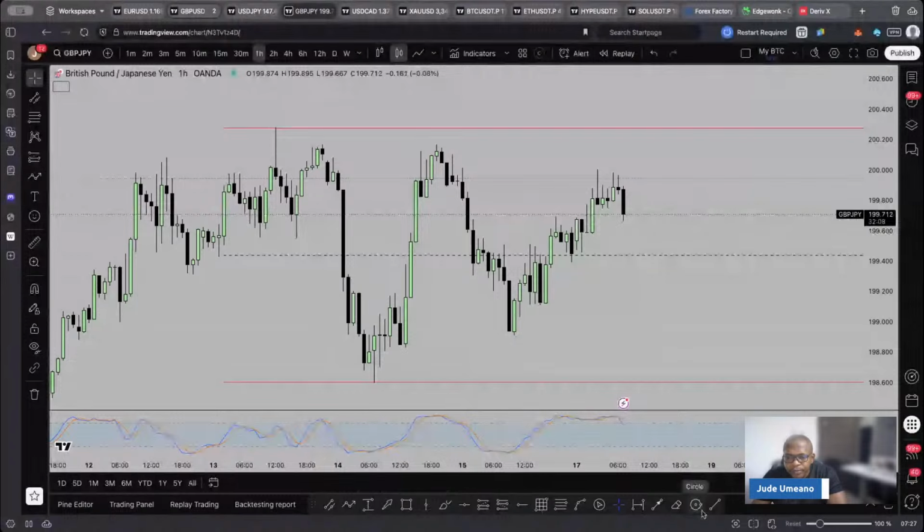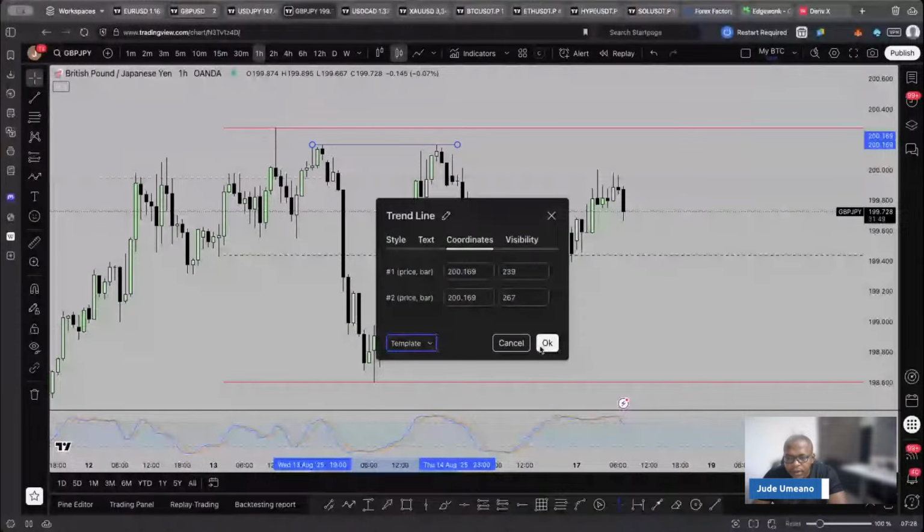I can see that equal highs are liquidity. Just know that. So this is an equal high. Equal highs mean liquidity, and price will always come back there to take it, or at least sweep it.